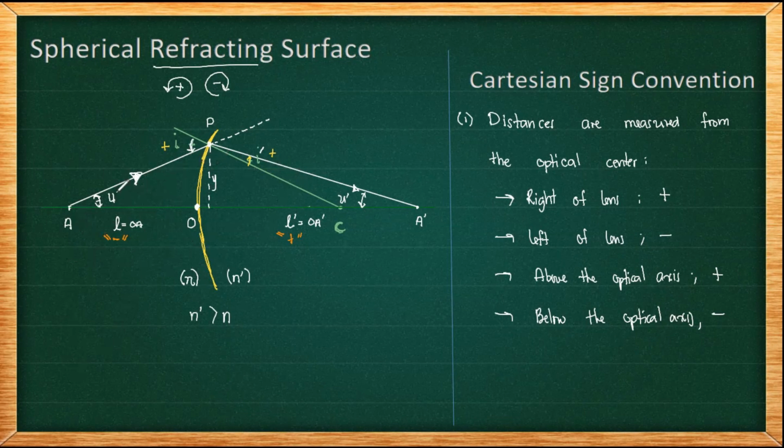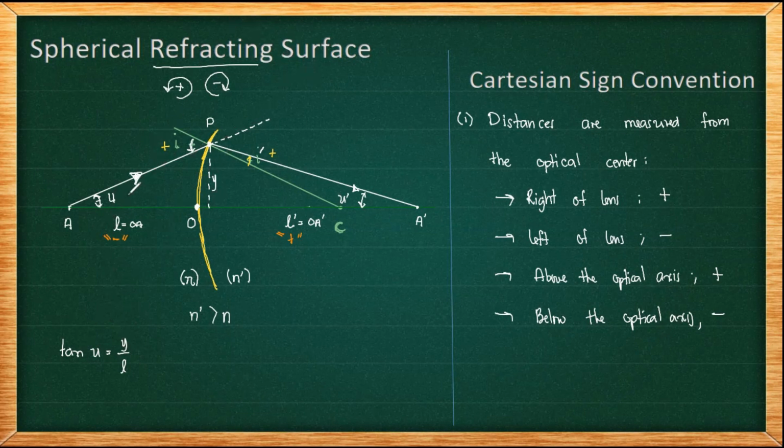Now, if you follow the geometry here, we have tangent of u, which is equivalent to TOA, so that's y over L. And y is positive, it's above the optical axis, and your L here is negative. Therefore, your u here is going to have a negative sign.